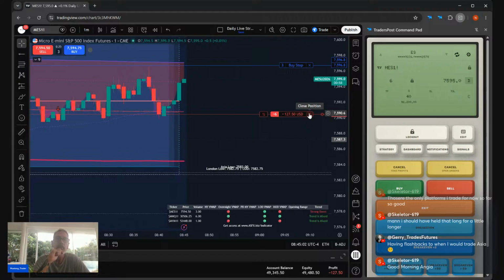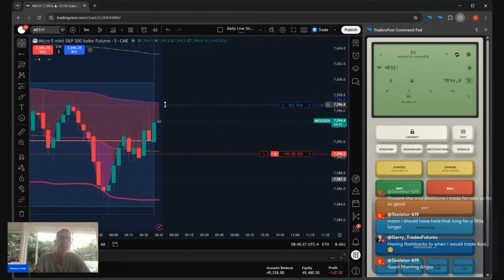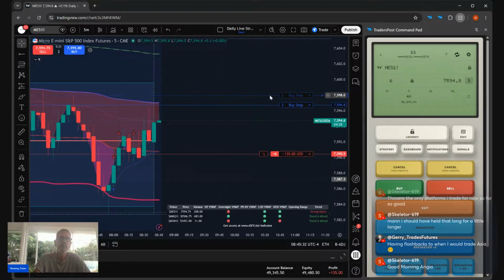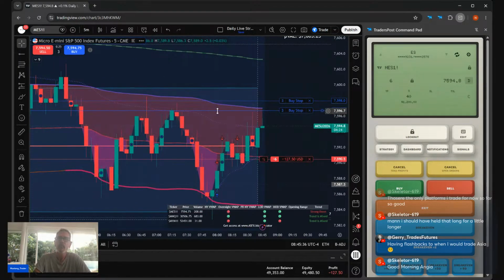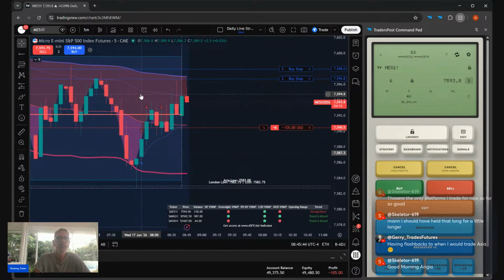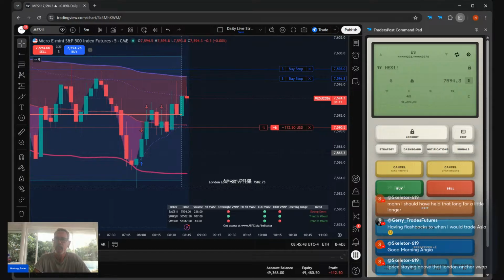Wow, this is getting silly. Price staying above that London anchor VWAP.